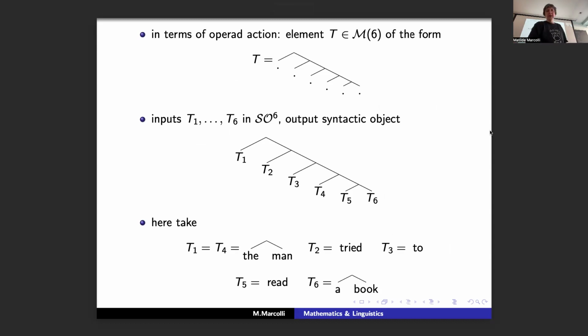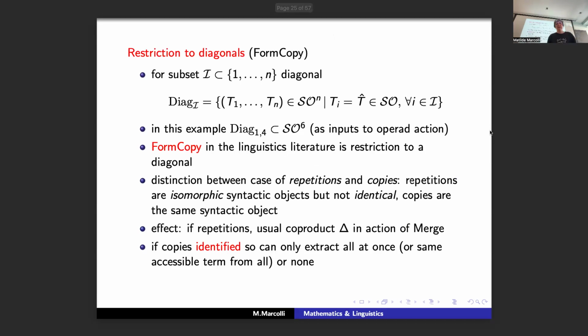So you have this possibility of considering sub-diagonals inside your space of inputs for these operations. And this is what they usually refer to as a form copy in the linguistic literature, which is exactly to say that 2 items actually have to lie on a diagonal.